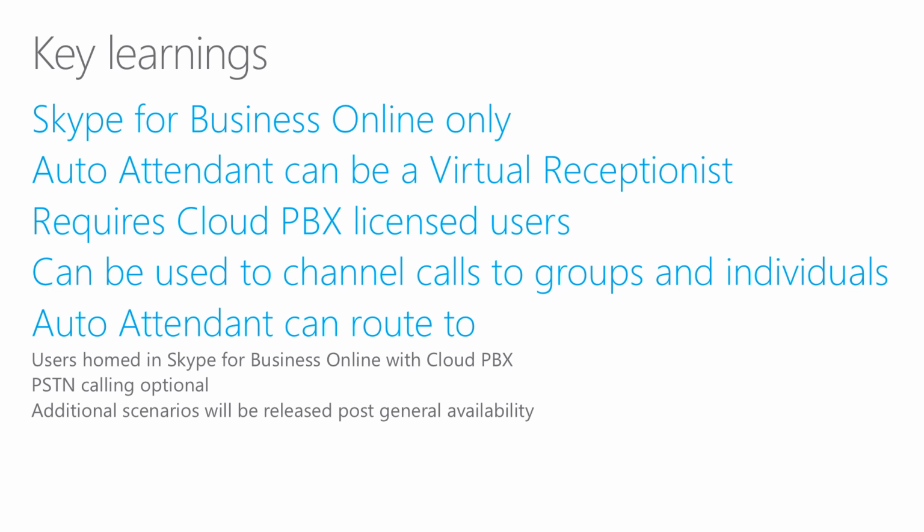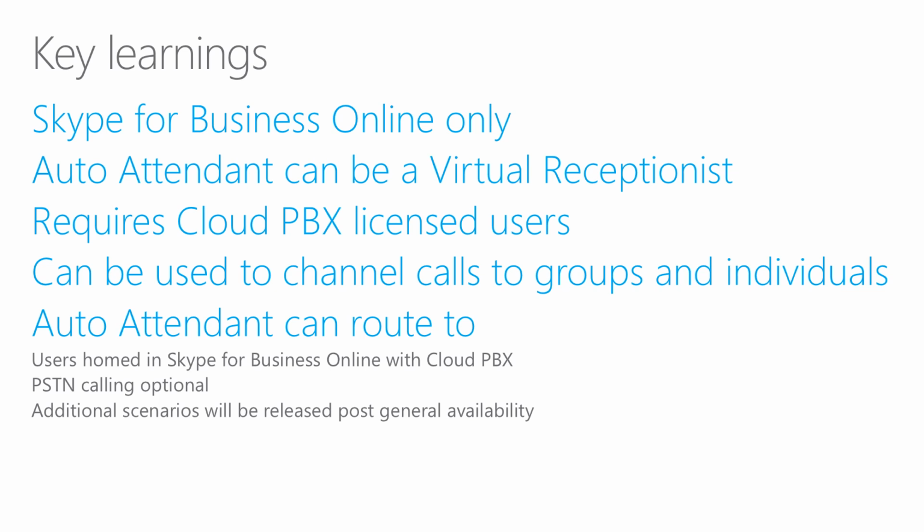For today, when we talk about Cloud PBX Auto Attendant, these are the key learnings. Please note that Cloud PBX AA for this time is only for Skype for Business Online. The auto attendant can be a virtual receptionist for any organization. It does require Cloud PBX licensed users, so E3 and Cloud PBX or E5.